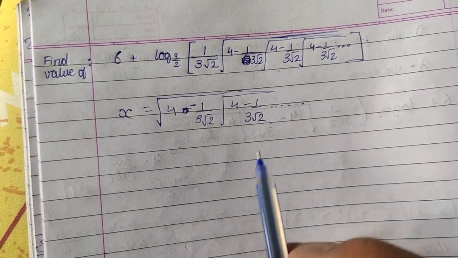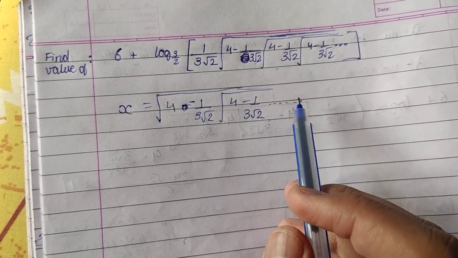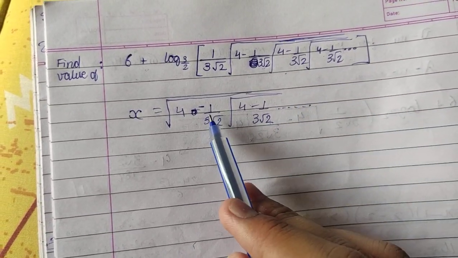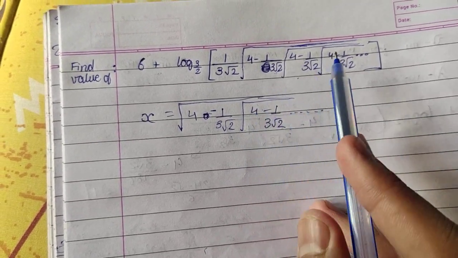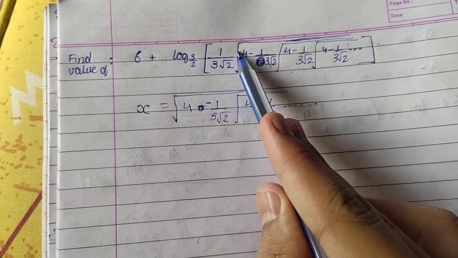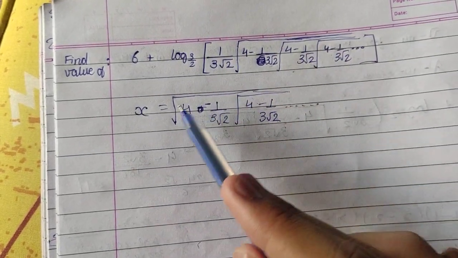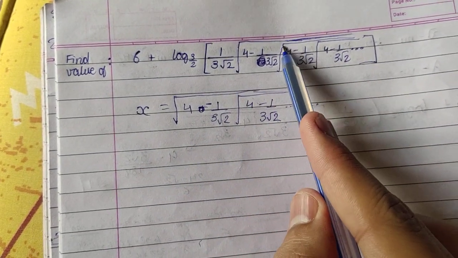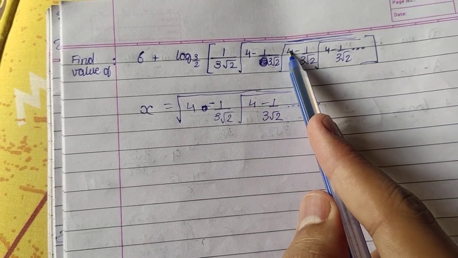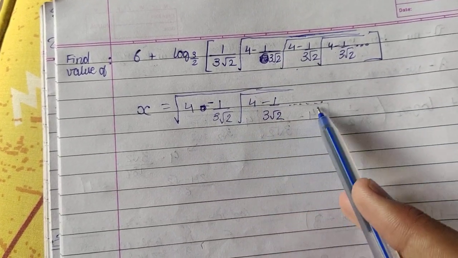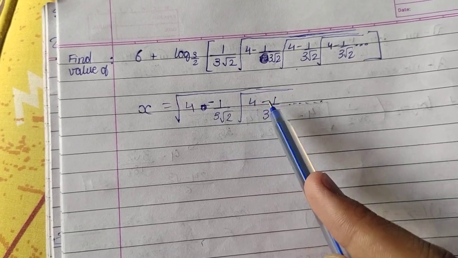So from here, if we see carefully, then this entire term is also x. Because this entire term we considered as x, this term will also be x, this term also will be x, right? So in place of this I can write x.